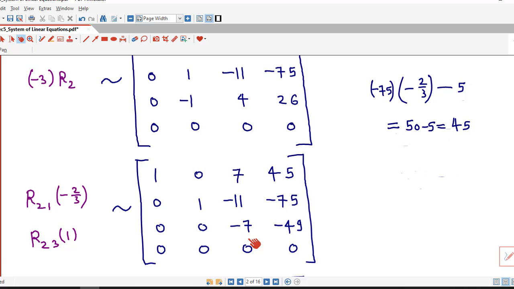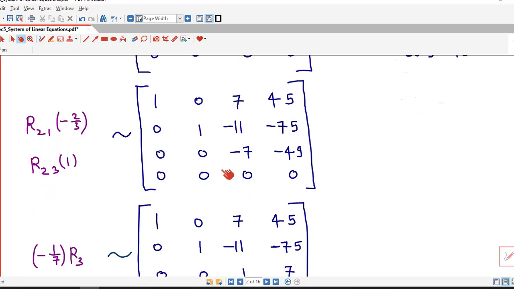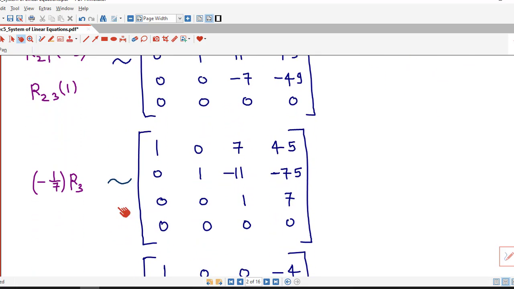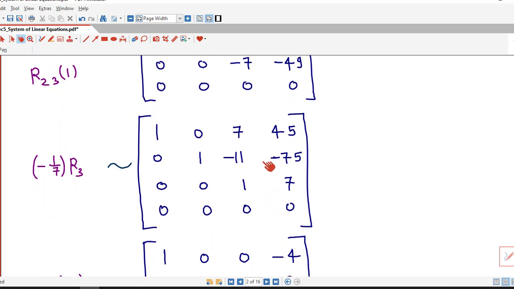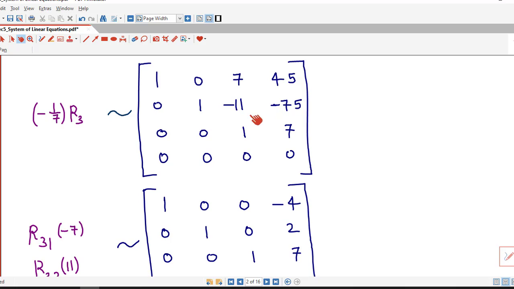So now we come to the first non-zero entry of third row. It is not 1, so we have to make this entry 1 by multiplying third row with minus 1 by 7. So minus 1 by 7 is multiplied here, so we obtain 1 and 7. Remaining rows we have written as they are.